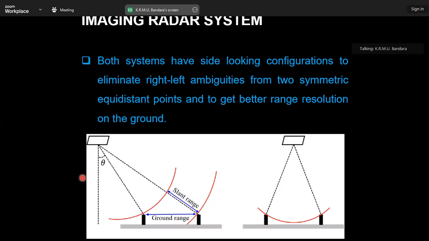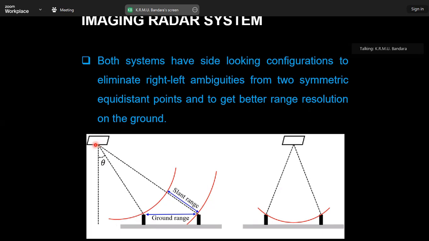Resolution in the flight path direction, the other direction perpendicular to the board, is called the azimuth resolution. This flight direction is called the azimuth direction or along track direction. The flight path coming perpendicular to the board is called the flight direction, along track direction, azimuth direction.